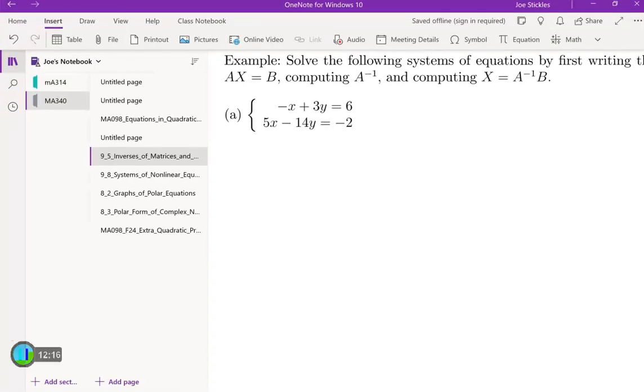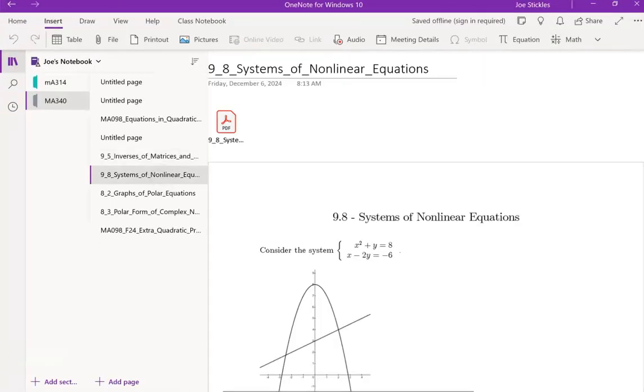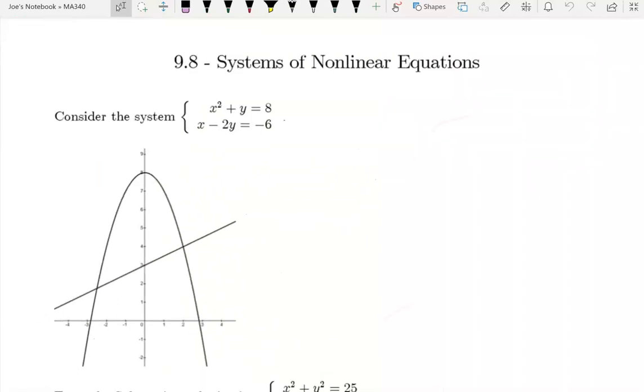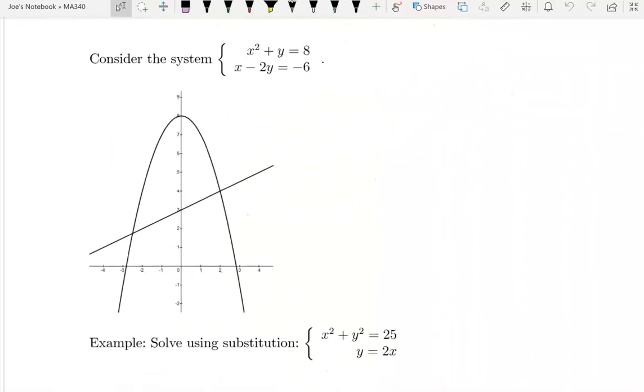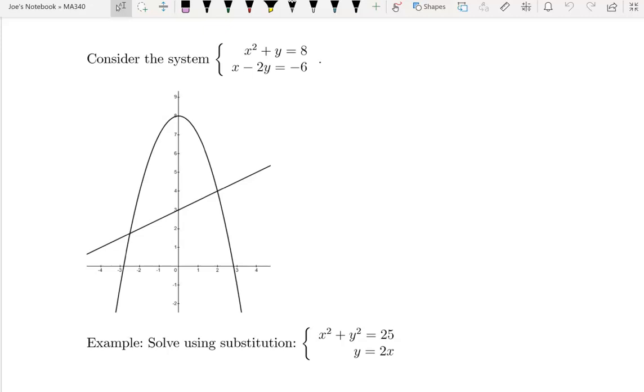So let me switch over here. All right. Pardon me. So rather than going through some long-winded explanations, let's just get right into it and try to solve some of these things and figure out what we're actually meaning by solutions.